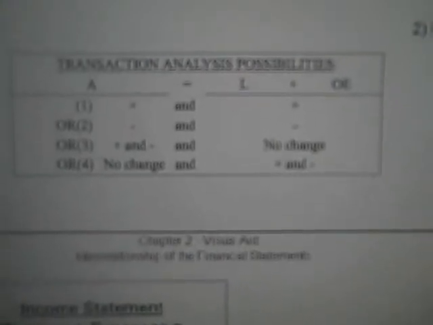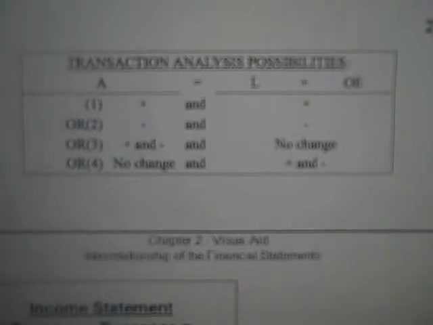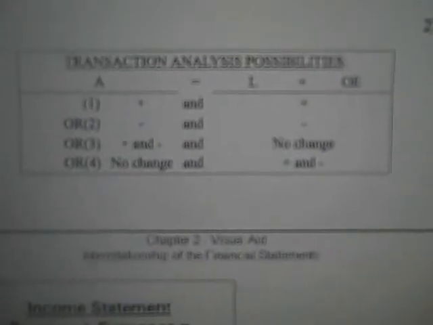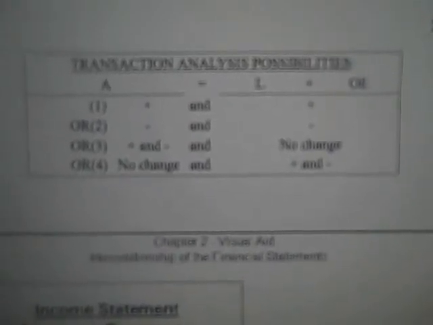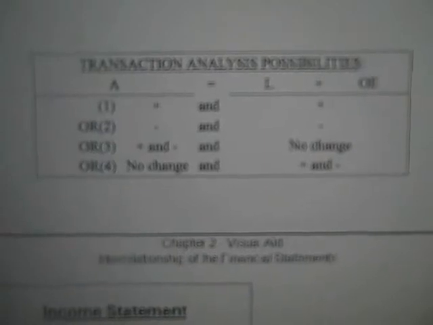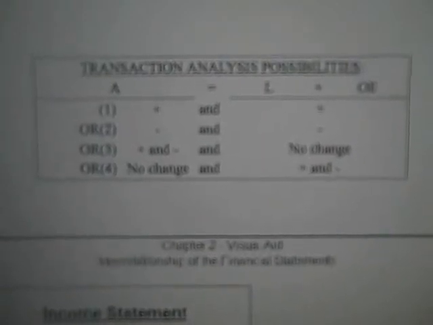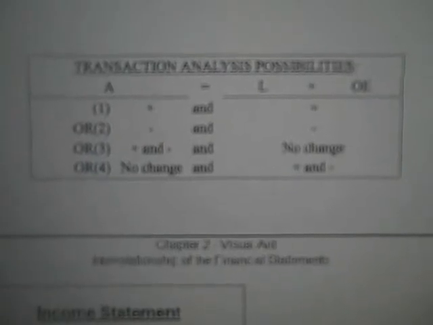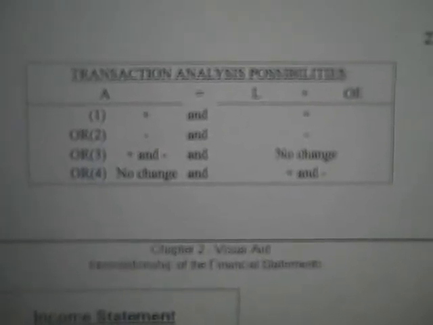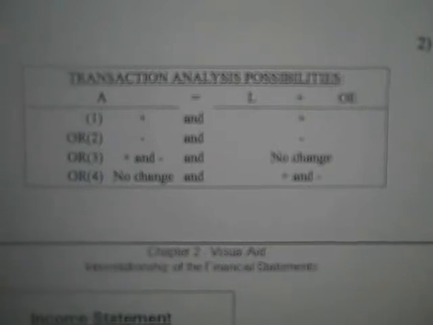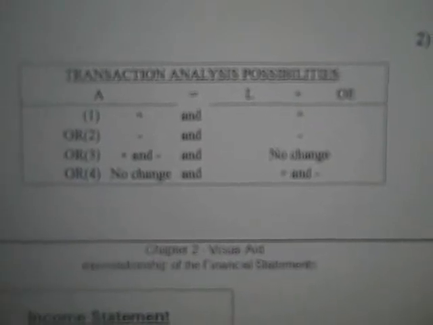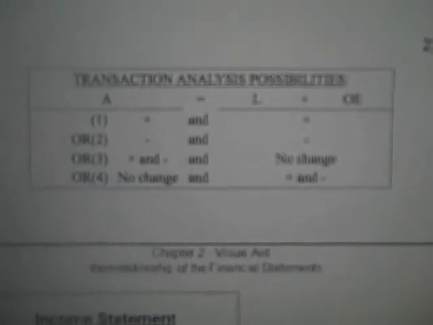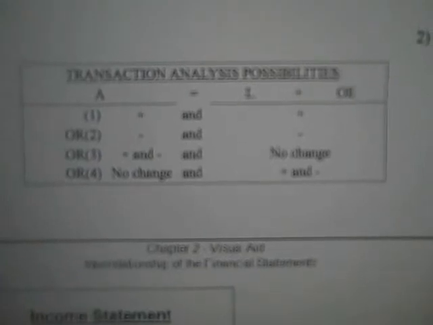In the third type, maybe both of the accounts involved in the transaction are assets, in which case you're going to have an increase and a decrease of two different asset accounts. Or you may have the same thing happen in your liability and owner's equity area. You're going to have an offsetting increase or decrease with no impact, in this case, on an asset account.